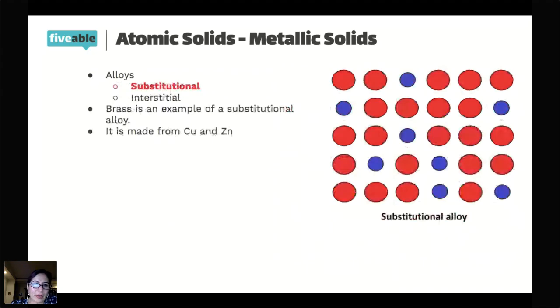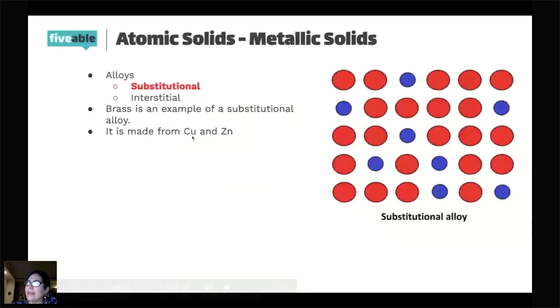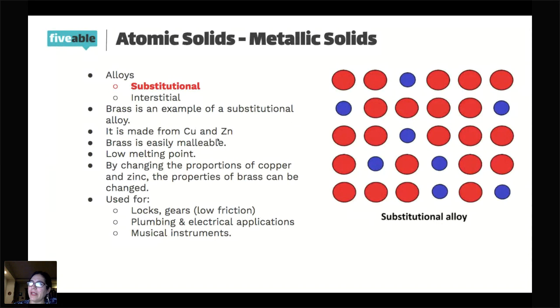So an example of a substitutional alloy is brass. Brass is made of copper and zinc. As you know, copper has a high electric conductivity. So by adding zinc to the mixture, the electric conductivity lowers. And brass is very malleable, very easy to make shapes with, easier than copper or zinc alone.